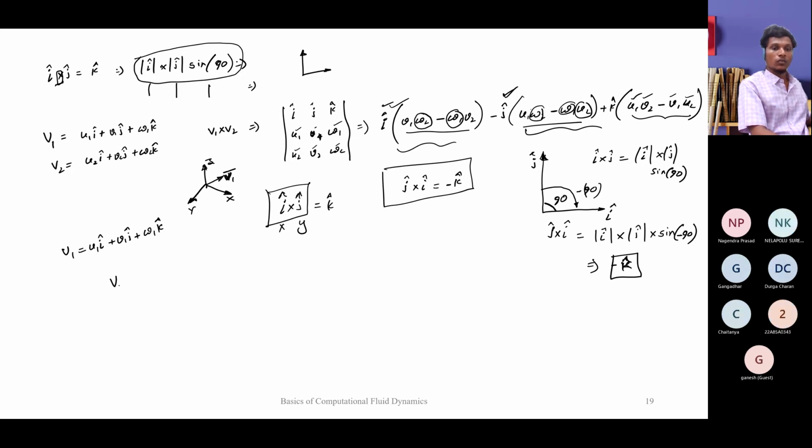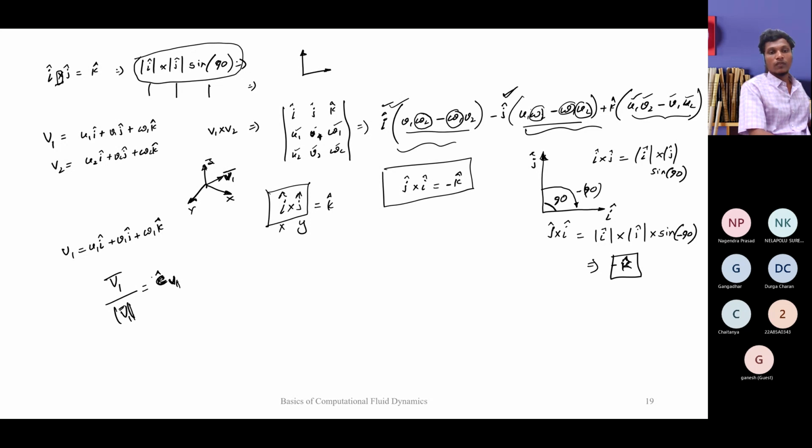If I want to identify the unit vector of v1, it is v1 bar divided by modulus of v1. If you do that, you will get the unit vector. I will indicate it as the unit vector in the direction of v1, that is e cap in the direction of v1. So this will give you the unit vector.